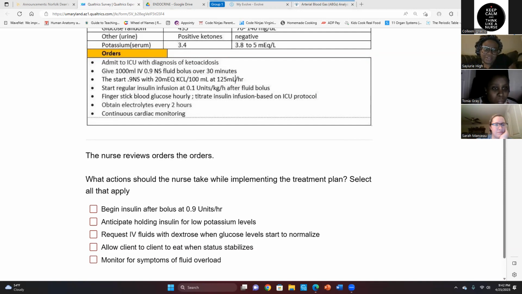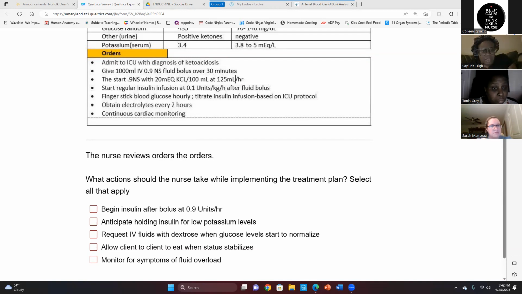Start regular insulin infusion at 0.1 units per kilogram per hour after fluid bolus. Finger stick blood glucose hourly. Titrate insulin infusion based on ICU protocol. Obtain electrolytes every 2 hours and continuous cardiac monitoring.